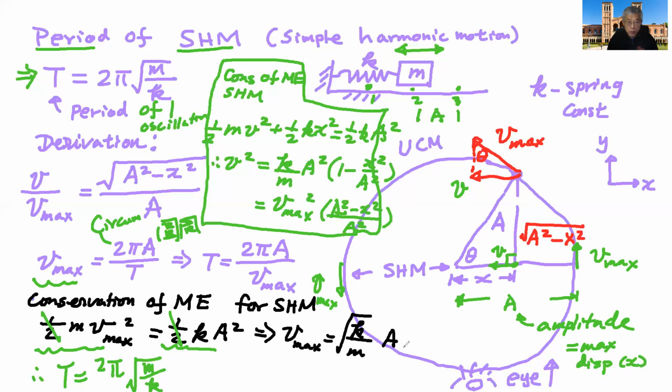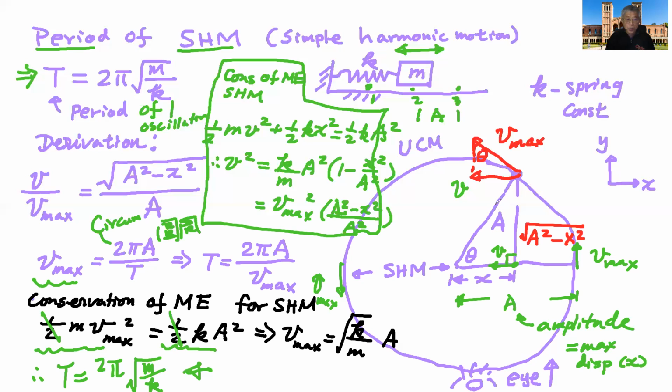Then you put this one into the equation that we just had. Vmax equal to this, and you will see A cancels out, right? This one flips, m comes from the top, k is at the bottom, and you still have the 2 pi. So that's your equation, 2 pi times square root m divided by k, which is the period of SHM. And you can see they all come from the conservation of mechanical energy for SHM, okay?